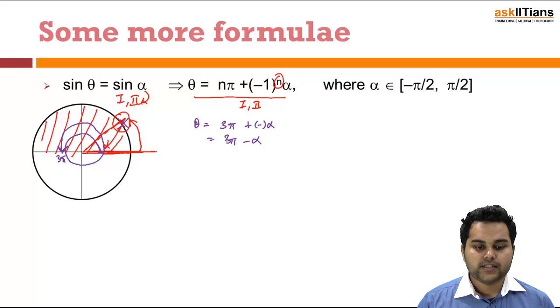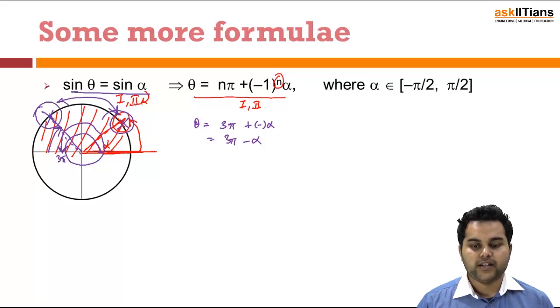Minus alpha, as it is a negative number, means I go in the clockwise direction from the point I have already reached, by alpha radians, so that would be this point, so I would get alpha in the second quadrant. So these are the two possible solutions of this equation, sin theta is equal to sin alpha, and the formula is hence so designed.